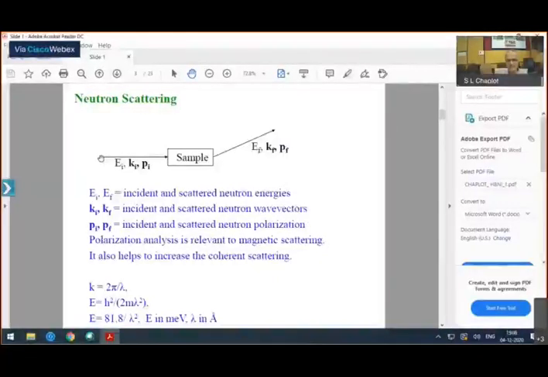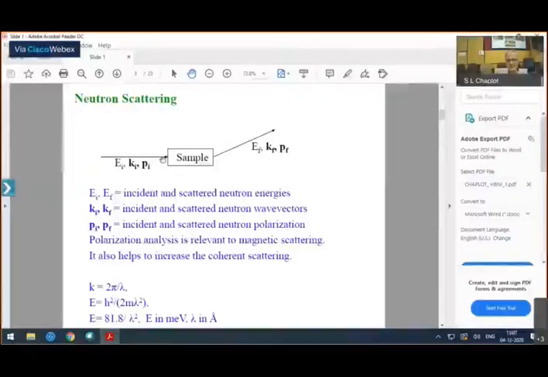You essentially require a monochromatic beam of neutrons with a definite energy, a definite wave vector or wavelength, and we are also interested in its polarization state, so the spin state, whether it's spin up or down with respect to a magnetic field.